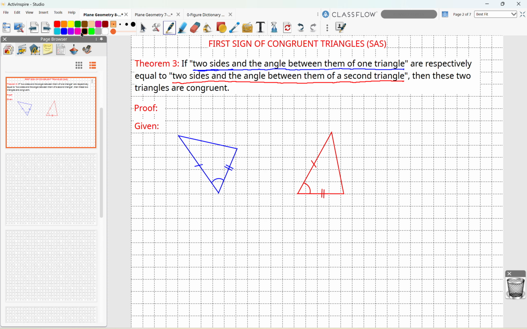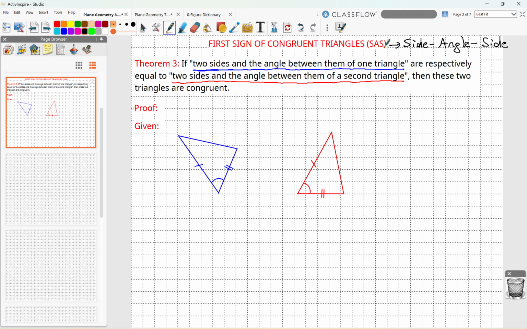If you saw next to first sign of congruent triangles in my title, I put three letters here, SAS. Those three letters refer to side, angle, side. Now, when you look at the theorem, these three letters will make more sense.